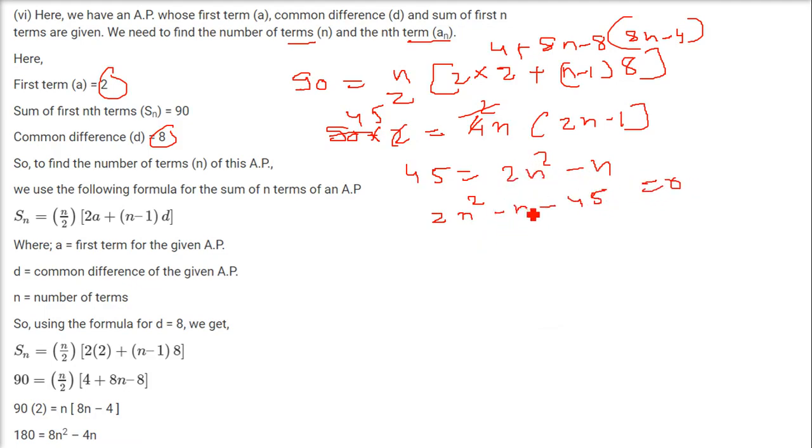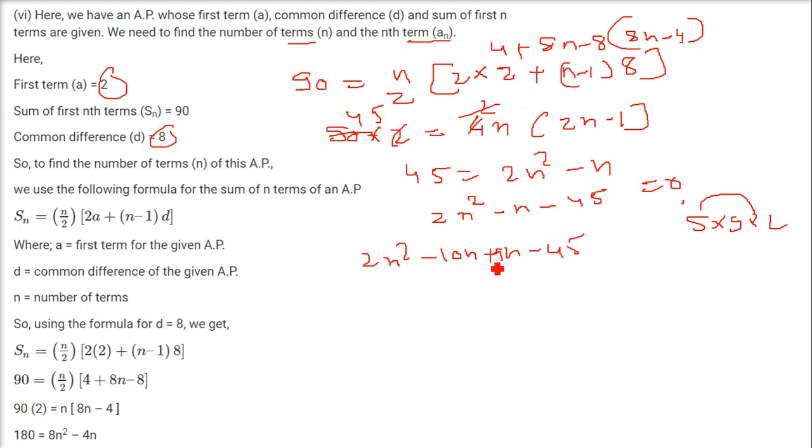Now we have to do something so that we get n. This is 45 into 2. 45 is 5 9s are 45, and we have 2, so 5 2s are 10 and 9. So you get 2n square minus 10n plus 9n minus 45. It is 10n and 9n, right?